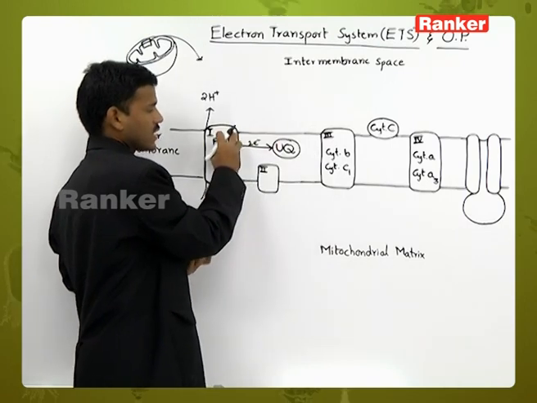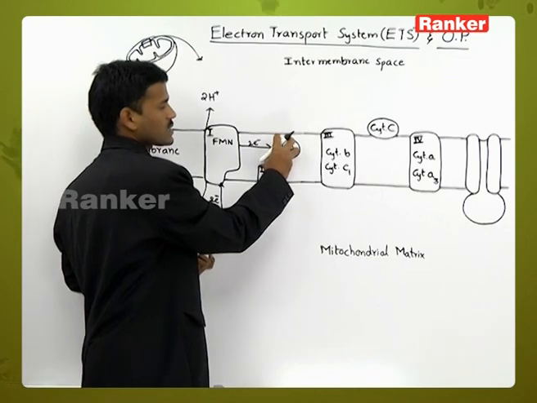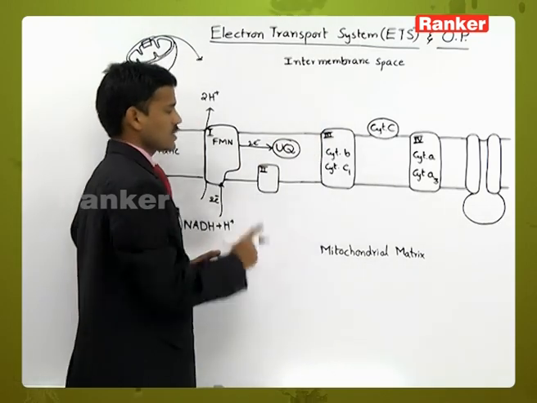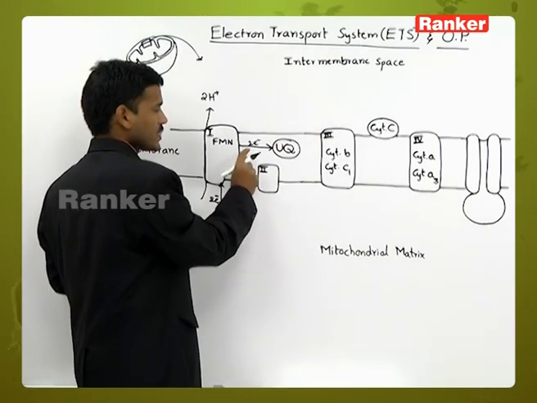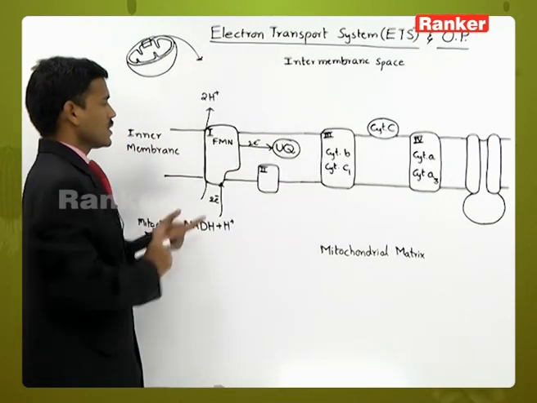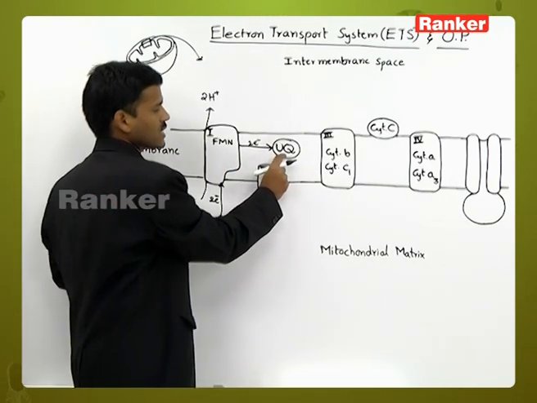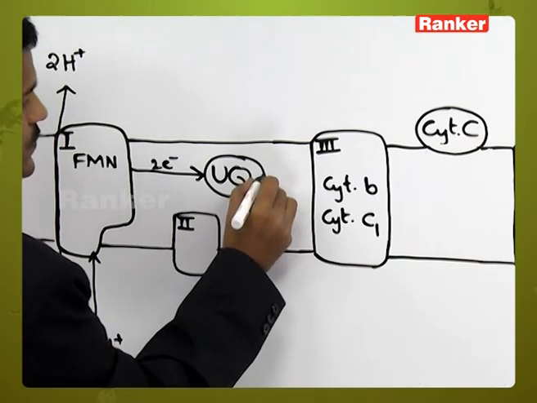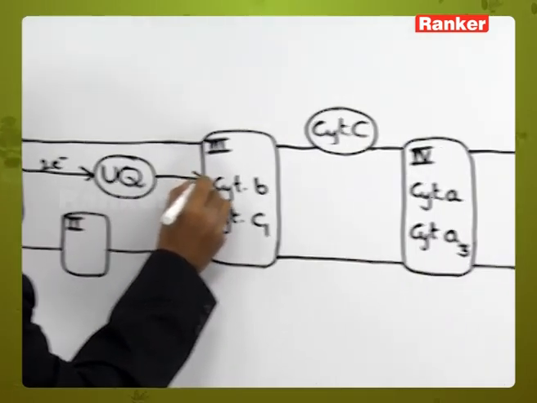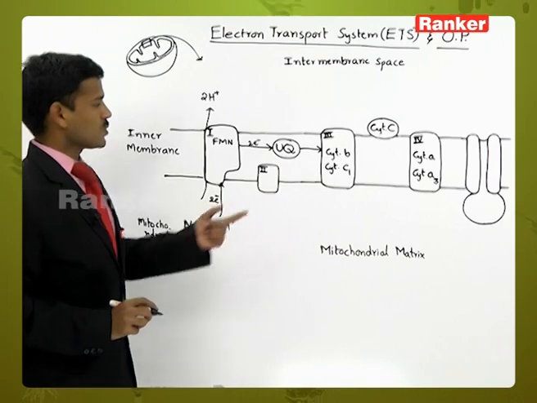It takes electrons from the first complex, and the electrons are given to the third complex, not to the second complex. The third complex is the cytochrome B, cytochrome C1 complex.